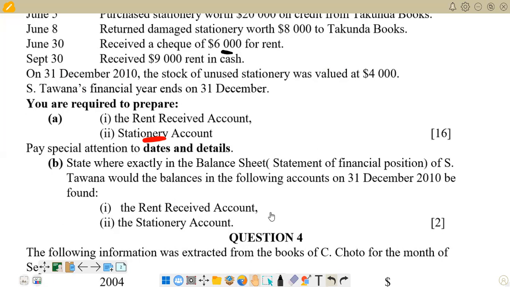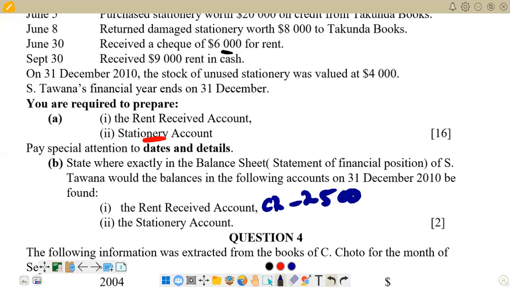So we see that in the rent received that we prepared, we have got a credit balance of 2,500. Here we found a credit of 2,500. That's where we have our BD. Our BD is on the credit side. So when you say balance, we look at where we've got our BD.